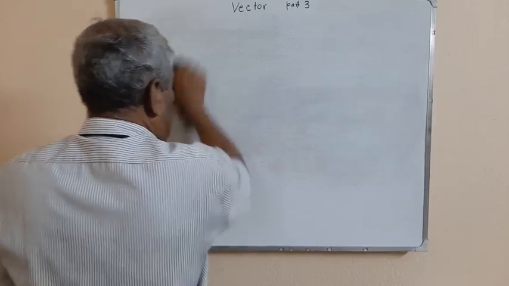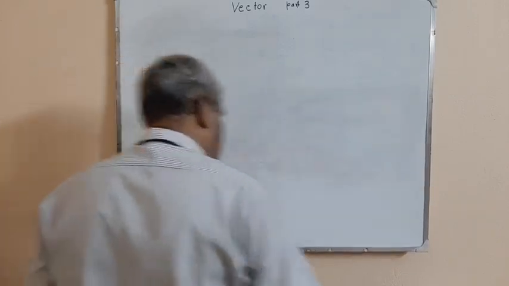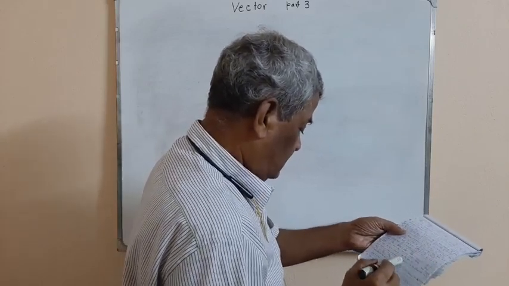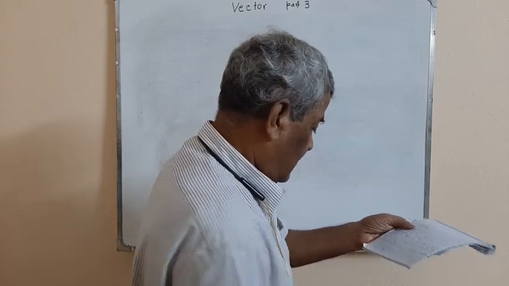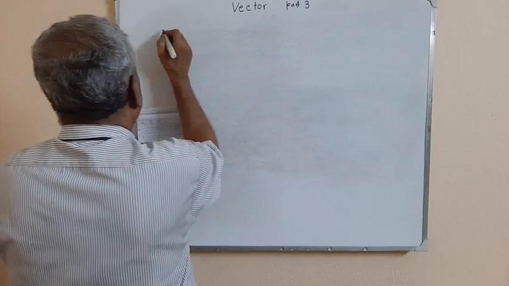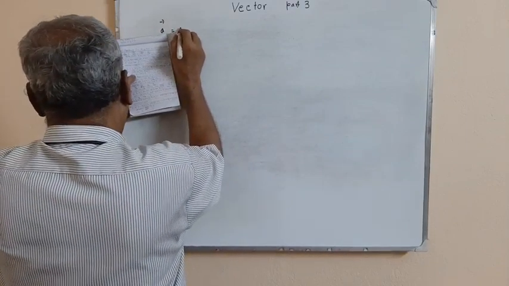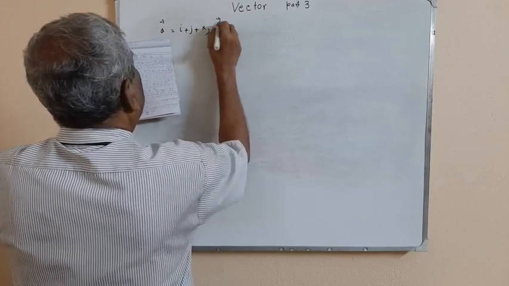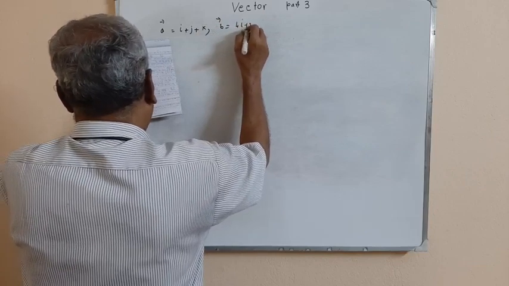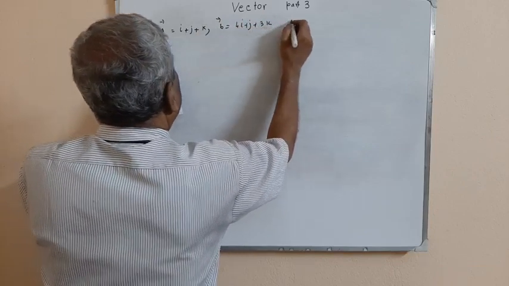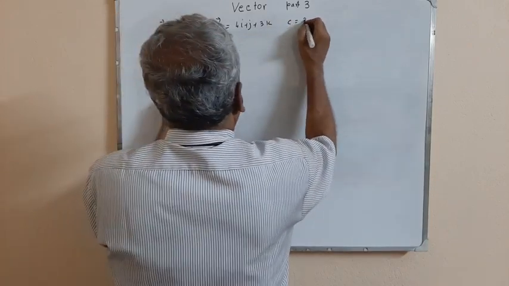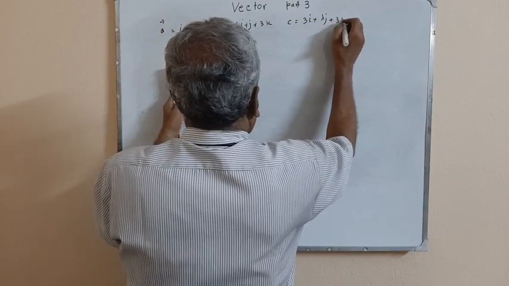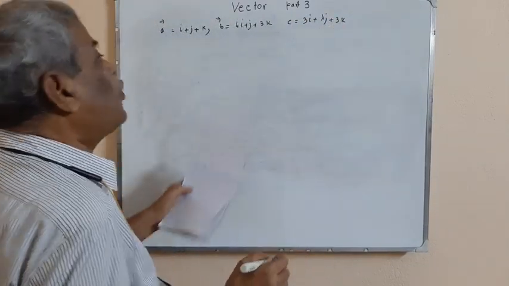Now, let us see what our next problem is. If A is equal to I plus J plus K, B is equal to 4I plus J plus 3K, and C is equal to 3I plus lambda J plus 3K are coplanar.